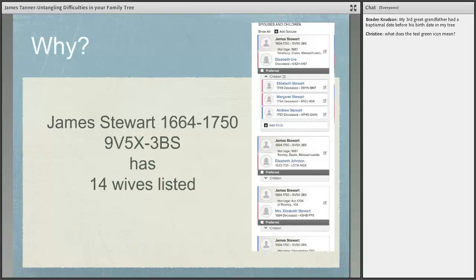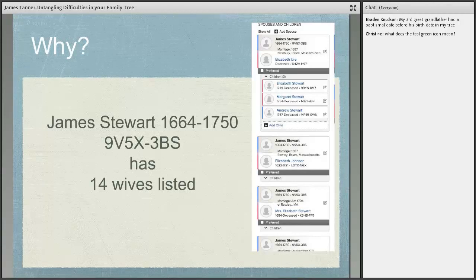Barring the fact that this person married 14 different wives, which I guess was conceivable, it probably would have gotten him some kind of notoriety at the time that he was living back there in the 1600s to have married that many women. Even if that were possible, you look at the names and see how many of them are duplicates and many of them are not complete or have any kind of verification.